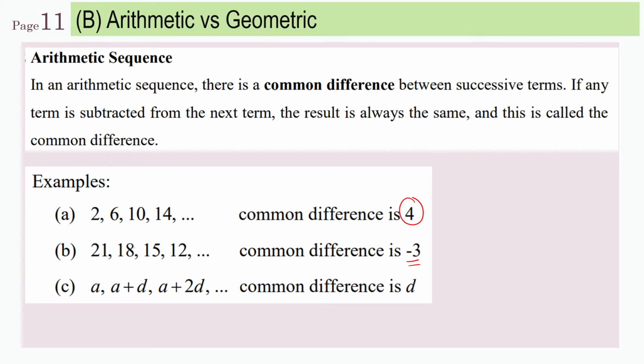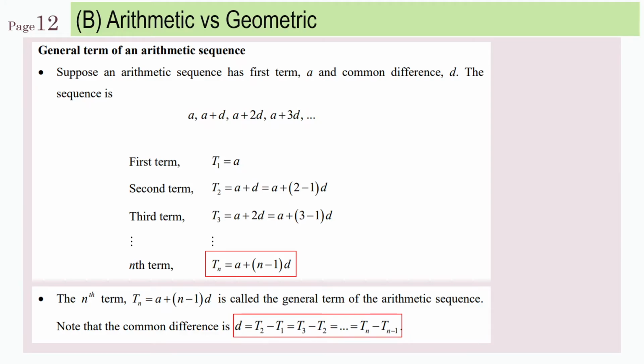It is possible. Now for the general term of arithmetic, we always name our first term as A, and we use the letter D to represent the common difference. So the first term is T1 equals A. The second term is A plus D, because the difference between the second and the first is the common difference.